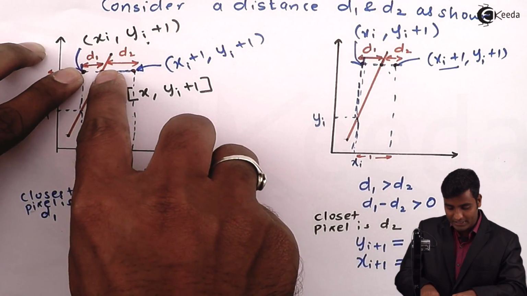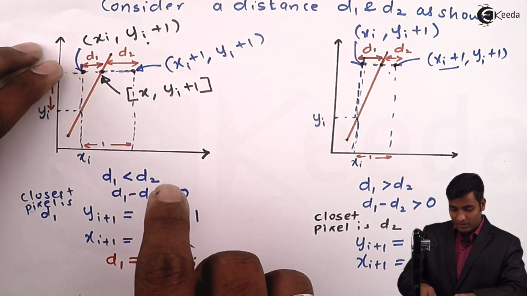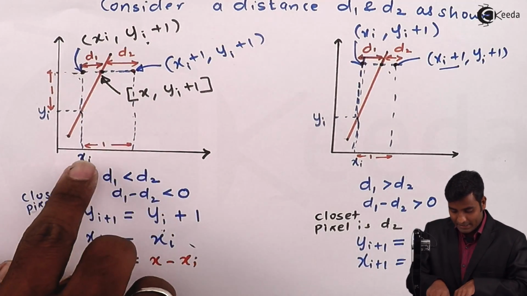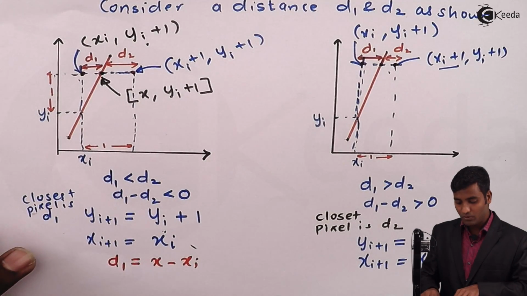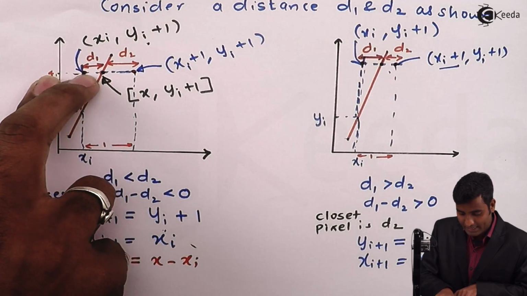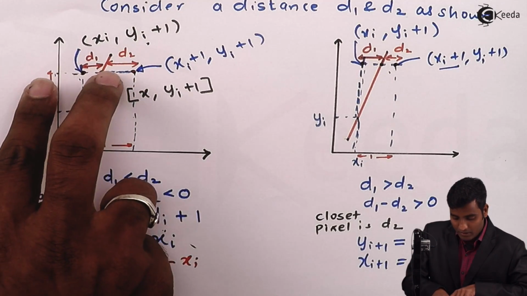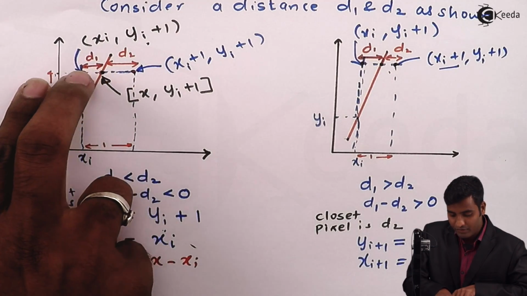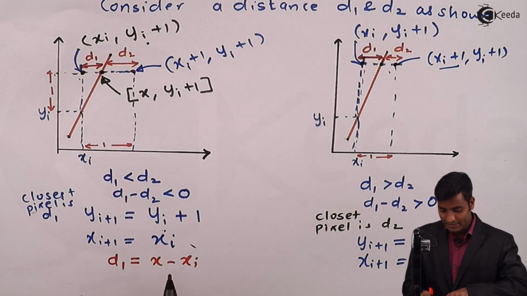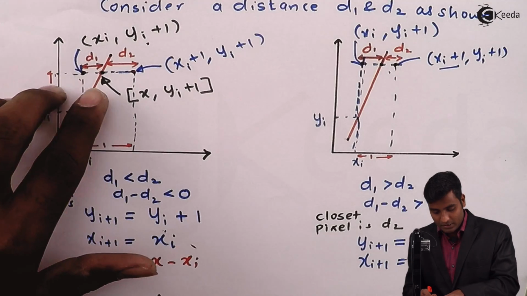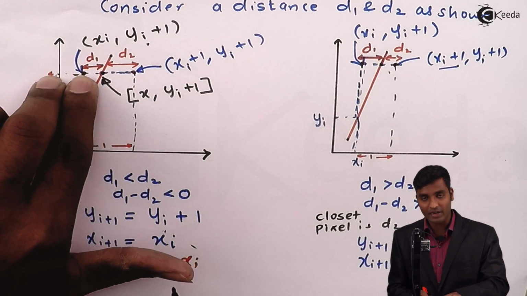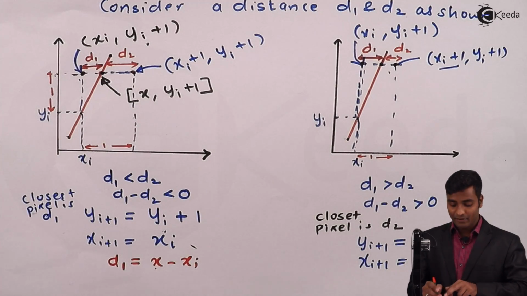I want this distance D1. So this distance is x and this distance is xi. So the total distance is x and this distance is xi. By subtracting this value from this value, I will get this value. That's why it is written as x, that is this value, minus xi, that is this value. So the difference gives me D1.